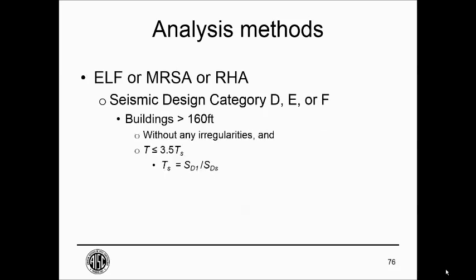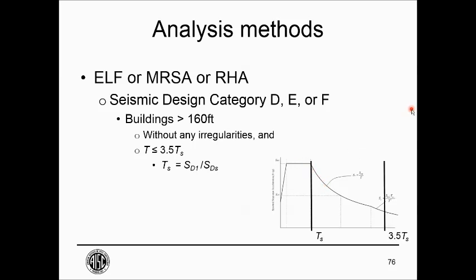If you have a taller building without any irregularities, and your period is less than 3.5 T sub S, you can use any of the methods. So T sub S is where the plateau of the spectrum turns into the period-dependent part, and so 3.5 T sub S can be way out there.